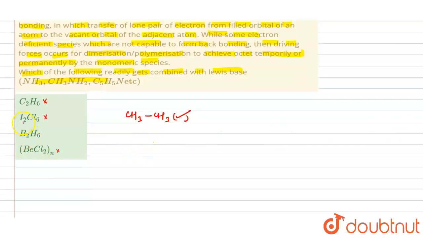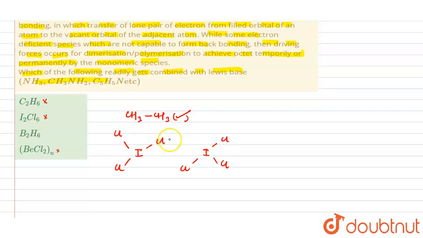What about I2Cl6? Basically I2Cl6 is formed from ICl3. Two ICl3 compounds come together, and this iodine has already completed its octet. Then also it is forming a dimer, meaning the lone pair of this chlorine will be donated here to form a coordinate bond with this iodine.